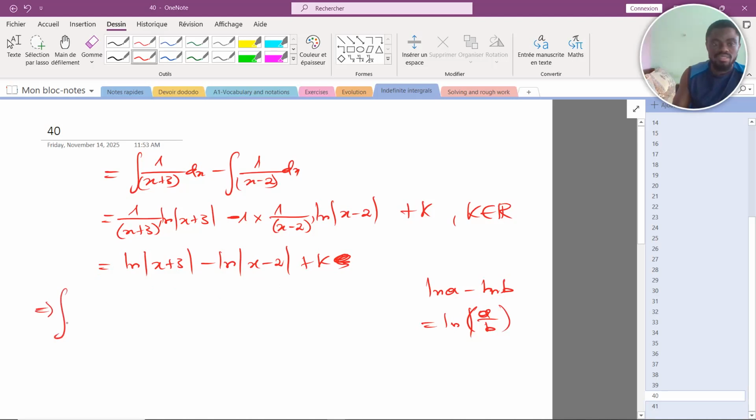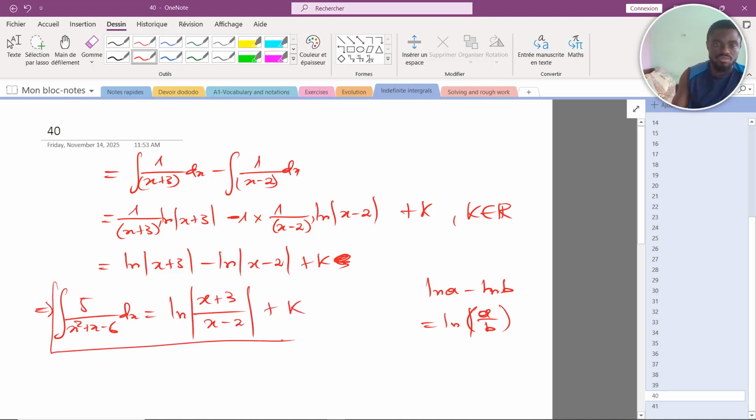So it implies the integral of 5 all over x squared plus x minus 6 dx will be equal to ln of the absolute value of x plus 3 all over x minus 2 plus our constant of integration. So that's the integral of this function. So that's basically your answer.